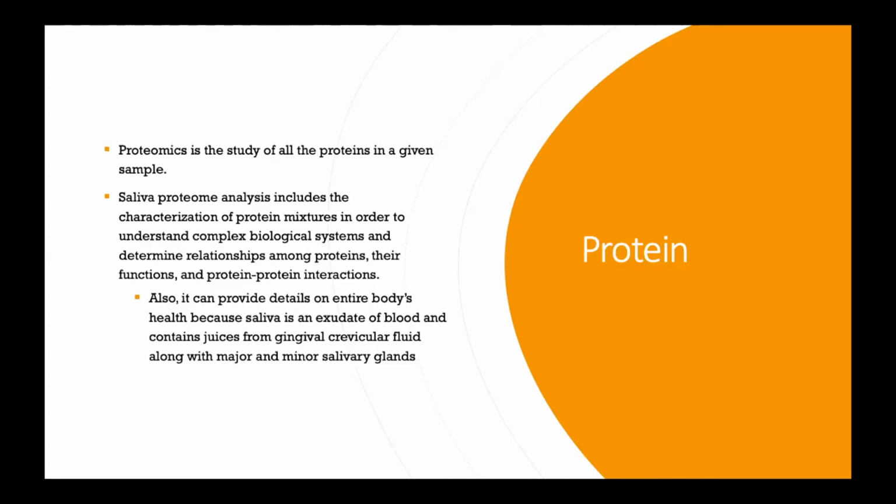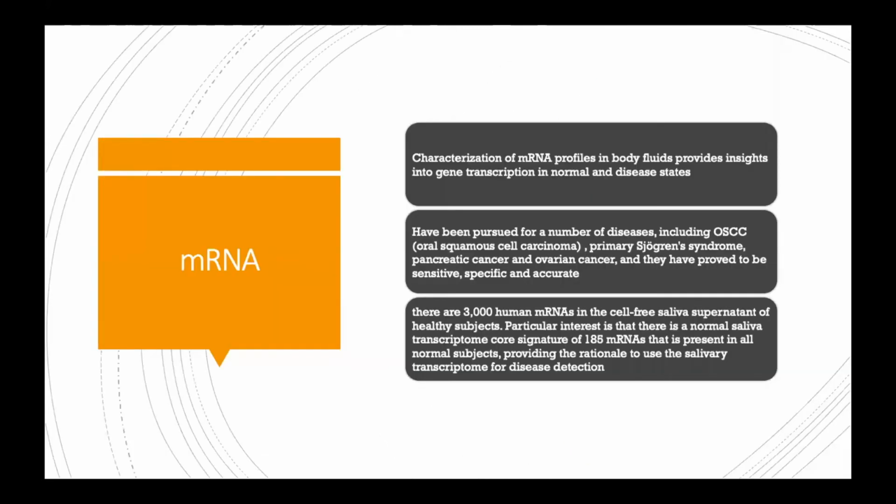Also, it can provide details on the entire body's health because saliva is an ultrafiltrate of blood and contains fluids from the gingival crevicular fluid along with major and minor salivary glands. And the second one is mRNA.